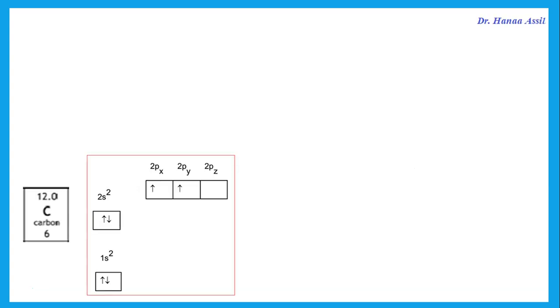But the problem is when we write the electron distribution for carbon, it is 1s2, 2s2, 2p2. So we have only 2 unpaired electrons. We need 4.